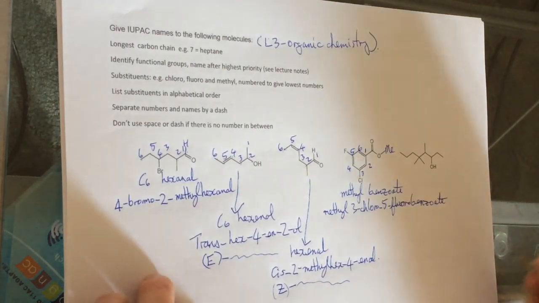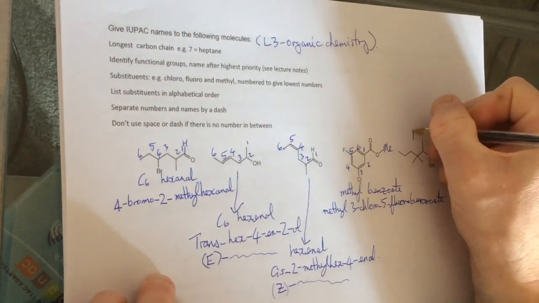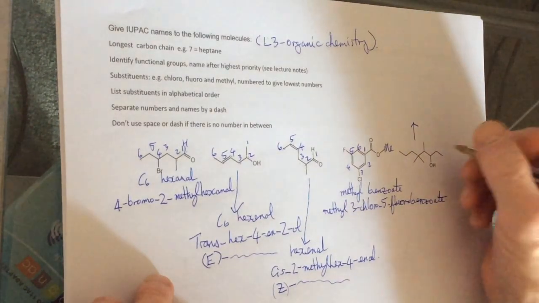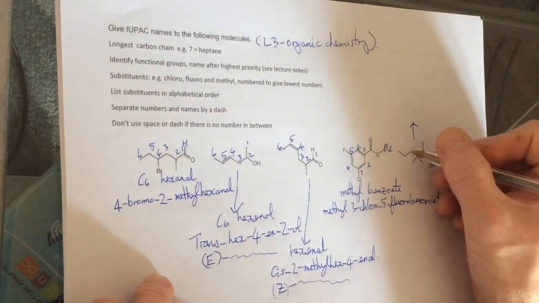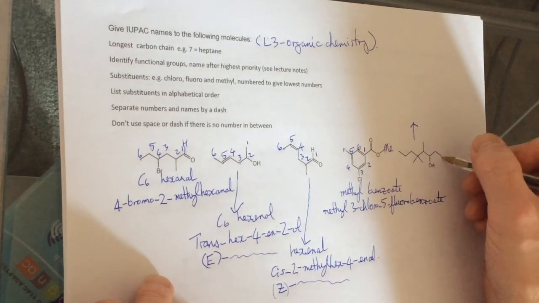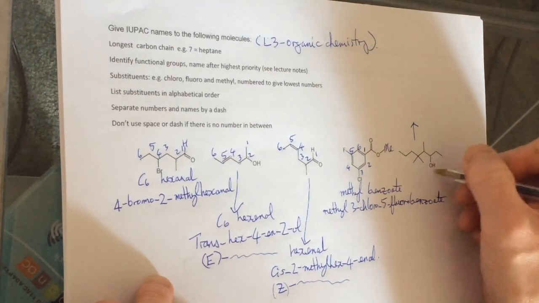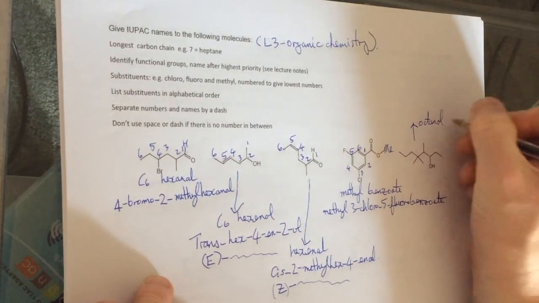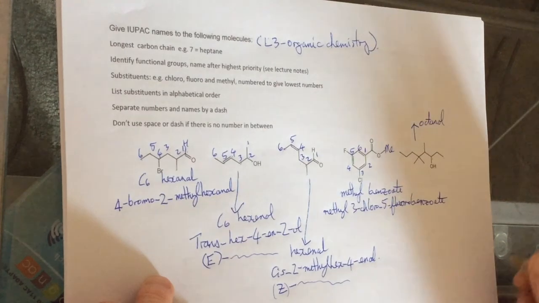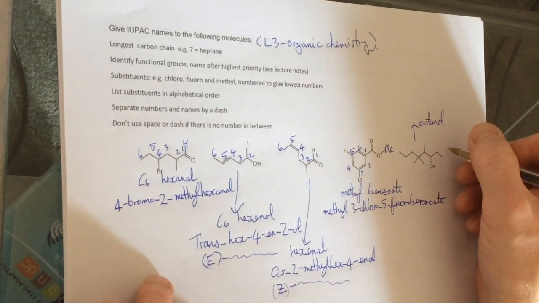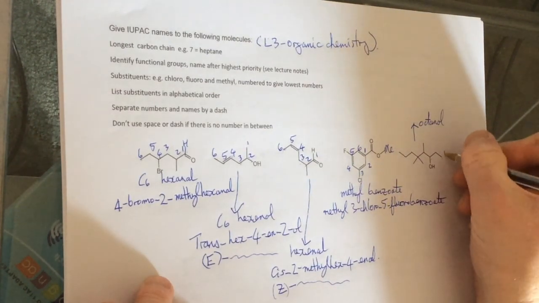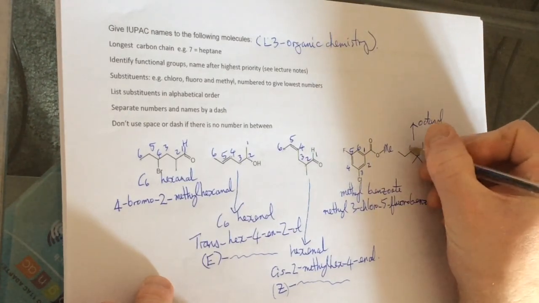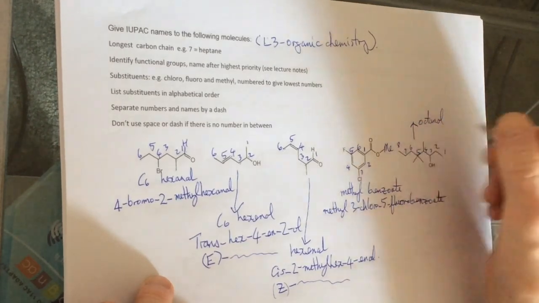And finally we'll squeeze the last one. We might as well go up the way this time. So the longest chain is going to be 1, 2, 3, 4, 5, 6, 7, 8, and it's an alcohol, so it's going to be an octanol. And then we've got substituents numbering from here 3, 4, 5, 6, 7, 8.